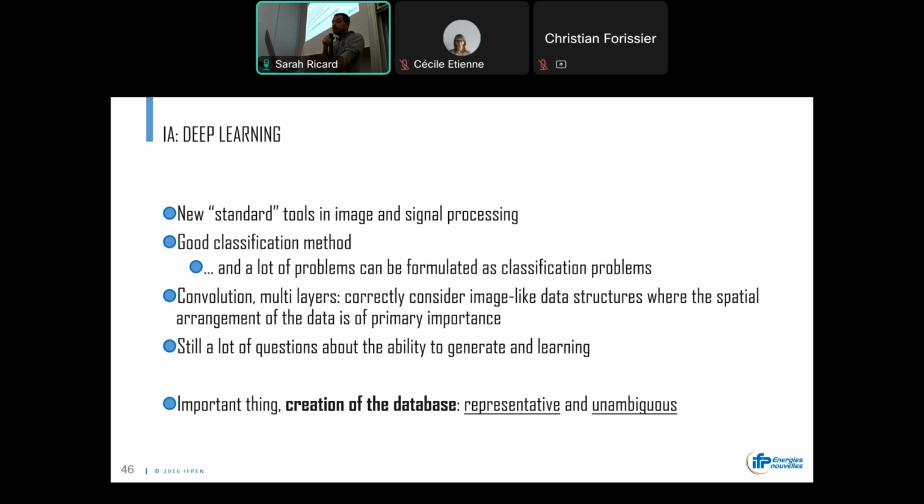So in the field of image and signal processing, you will see a lot of convolutional neural networks. It's because, as I explained before, it's a way to correctly consider image-like data structures, where the spatial arrangement of the data is of primary importance. That's why convolutional networks are very useful.